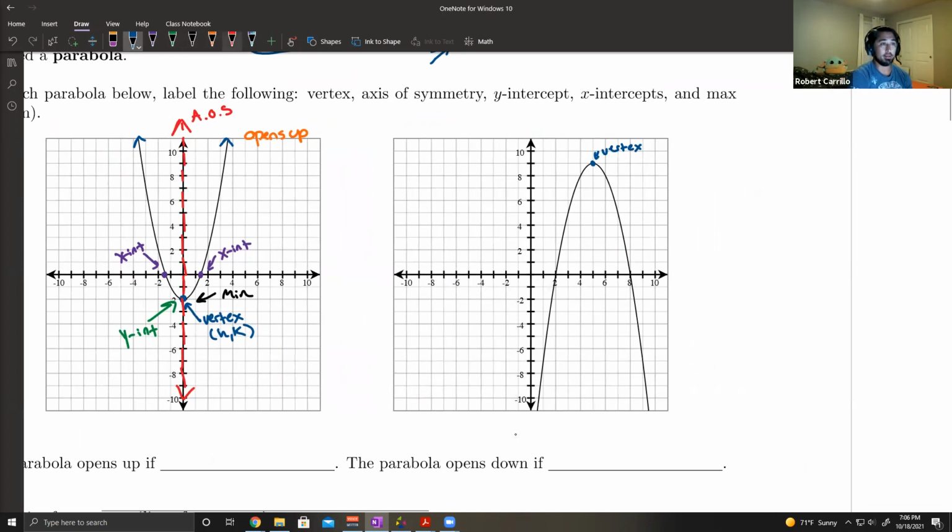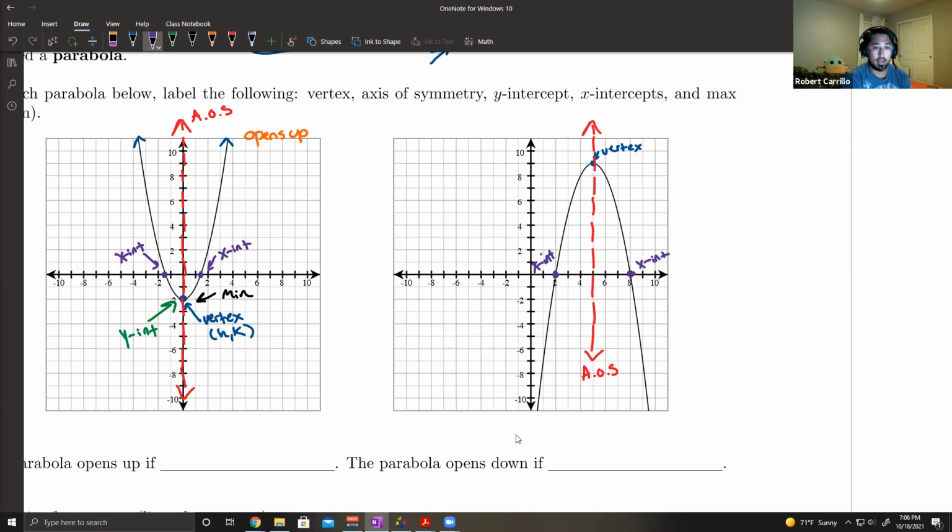Again, the line that cuts straight through the vertex and through the middle of your parabola is your axis of symmetry. Since this opens down and we cross the x-axis, we intersect it twice. These again are the x-intercepts.